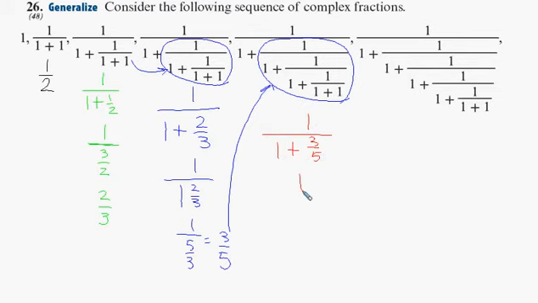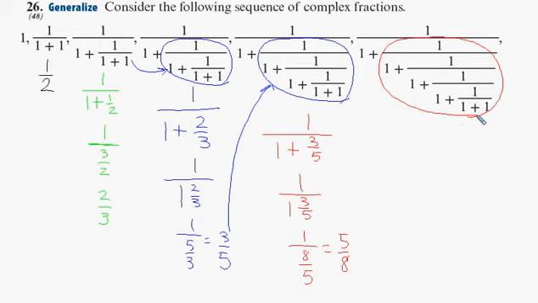So 1 over 1 3/5, which is the same as 1 over 8/5, right? Which is equal to 5/8. You should try to do this on your own because these are good algebra skills for you to develop. All right? So now we know that all of this is equal to 5/8, right?